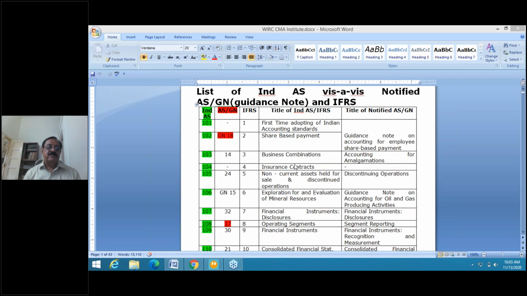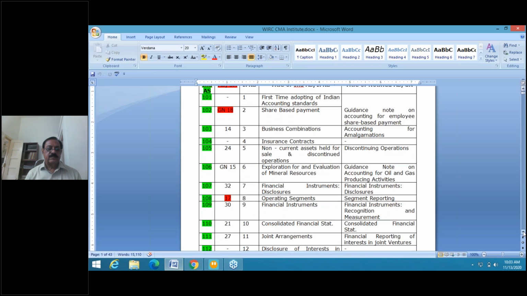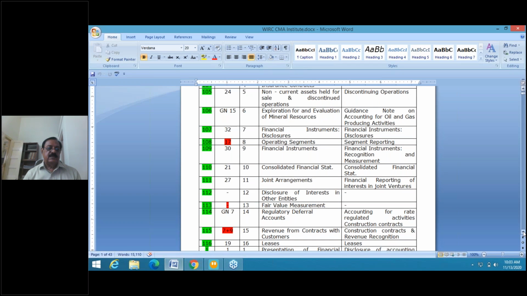The Ind AS which I will be taking today is shown here. Share-based payment, operating segment, then Ind AS 113 fair value measurements, then Ind AS 115, which is a combination of AS 7 and AS 9.